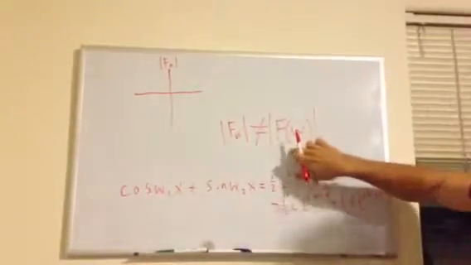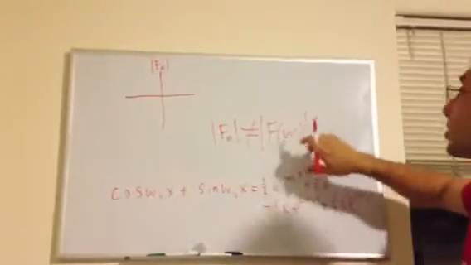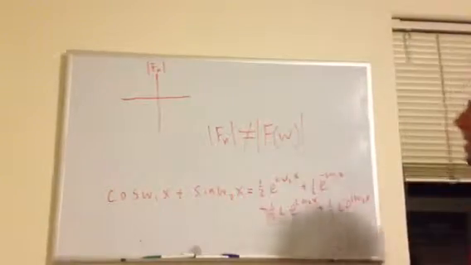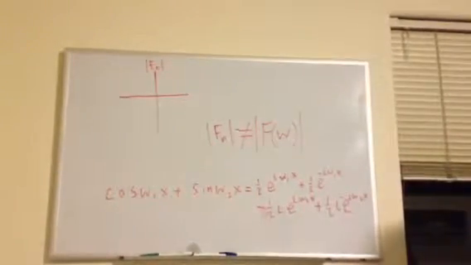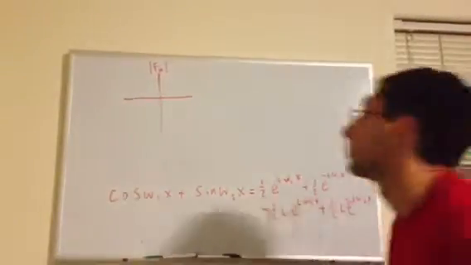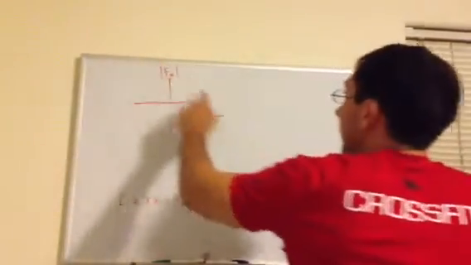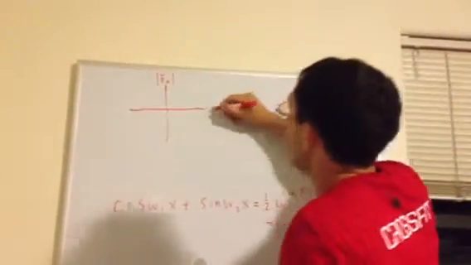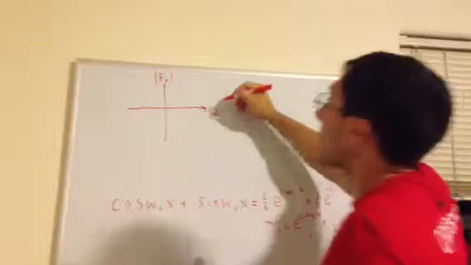We already did this in the last video and showed what this is. They may look very similar for periodic functions like sine and cosine, but they're not equal. So F_n as a function of omega.